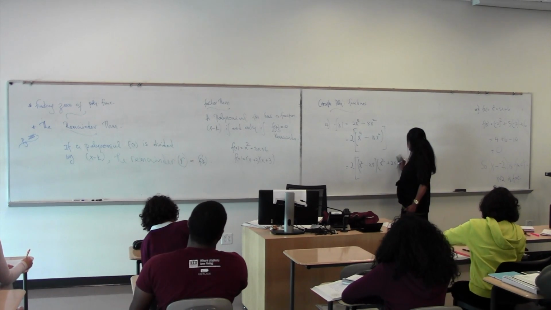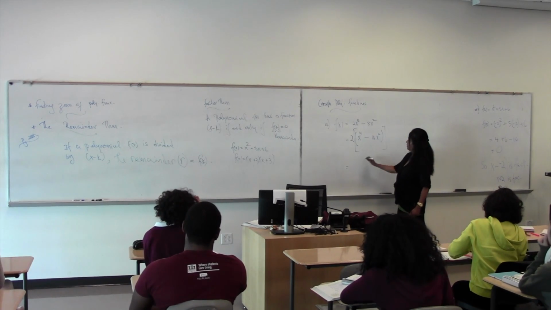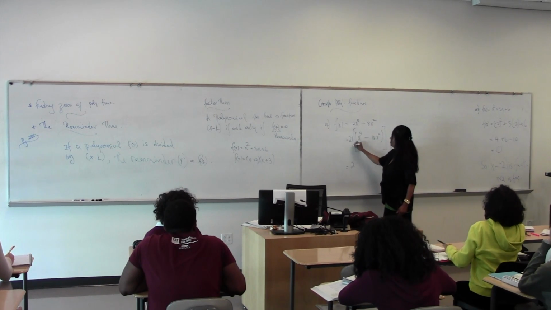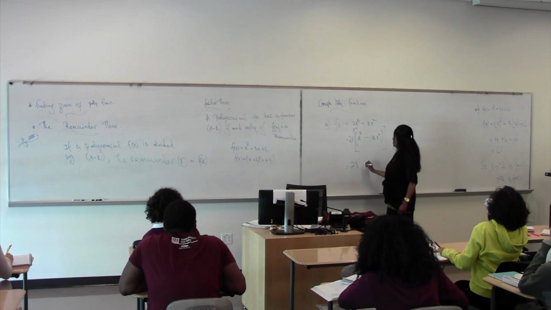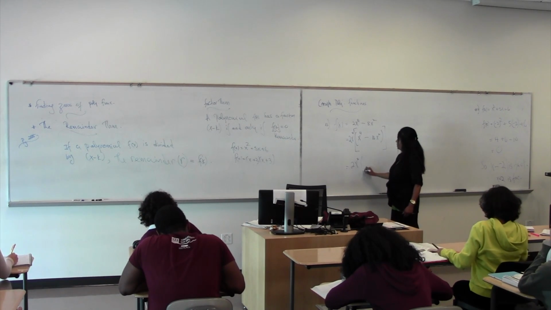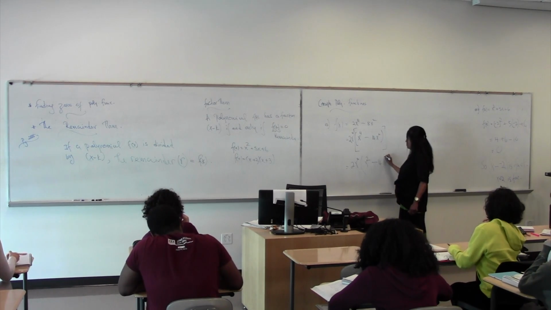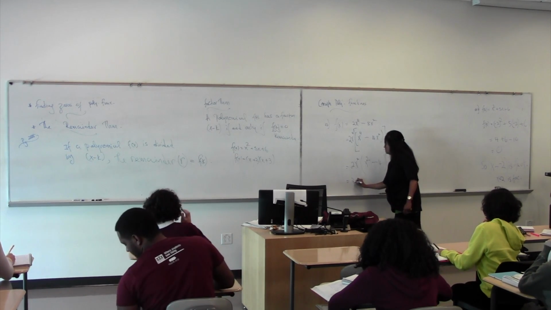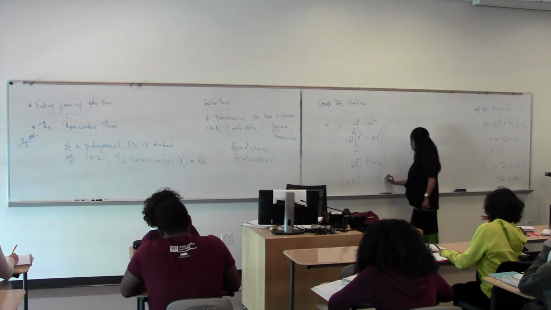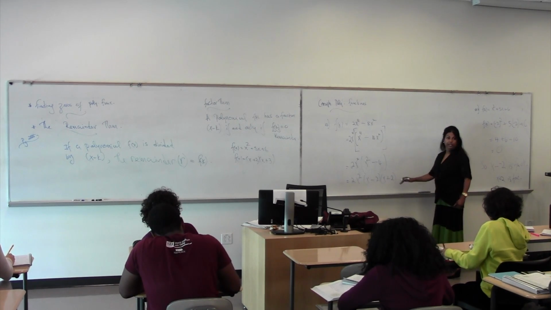Factor 2x squared out. What do you get? x squared minus 4. Now factor this: x minus 2, x plus 2. Now it's all factored completely, correct?